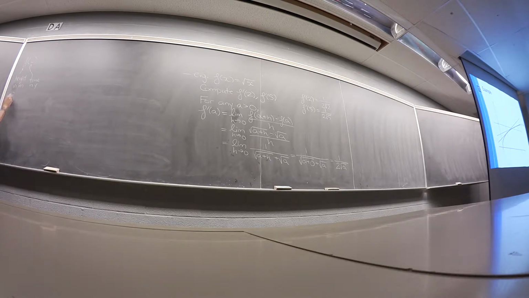What does f prime at a mean? It's how fast is the height of this thing growing at time a? Is that clear enough? Okay, how fast is this guy growing at time a?